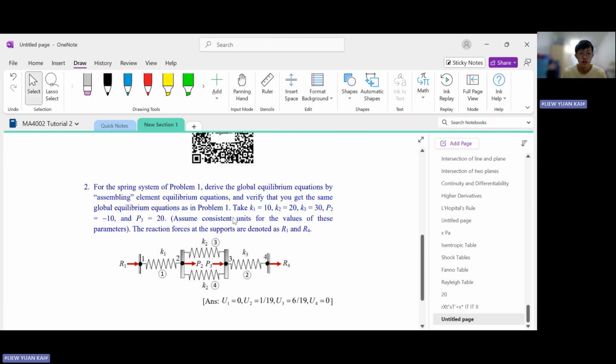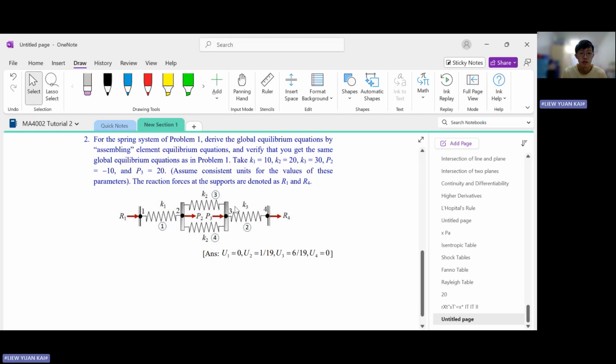So the first step you do in FEM is you always label the elements and the nodes. First thing you do is you always label the elements and the nodes. And in this question, they already did it for you. They already labeled this as node 1, node 2, node 3, and node 4. And also they labeled the elements for you.